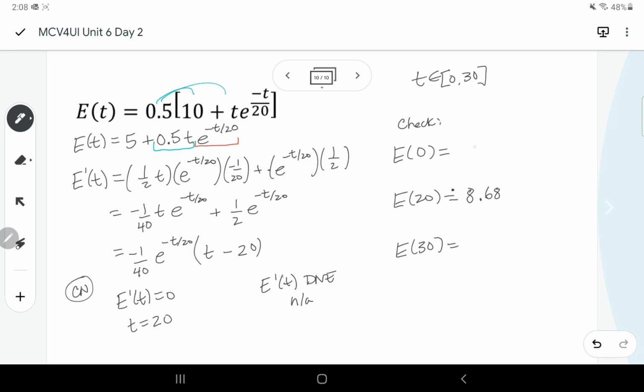If I sub in a 0, I get just 5, and if I sub in 30, I get about 8.34. So the maximum effectiveness is 8.68 at 20 hours of studying.